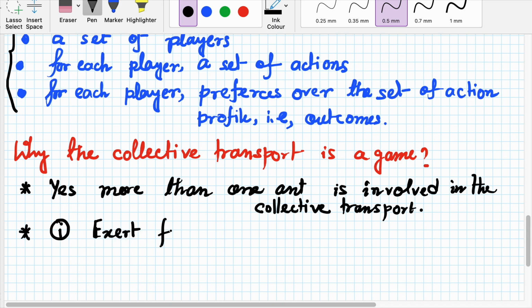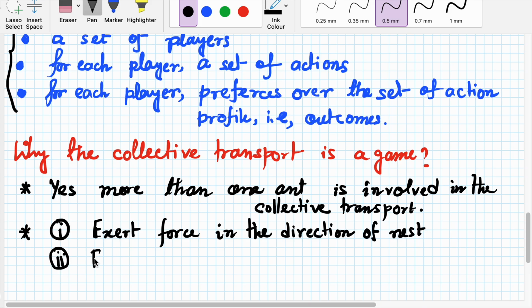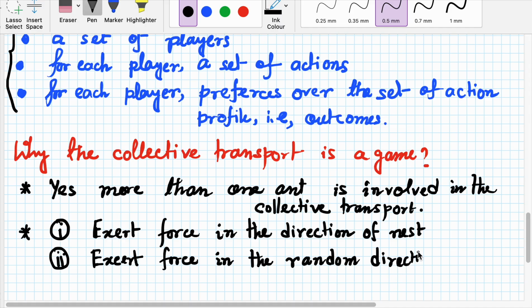exert force in the direction of the nest, and second, exert force in a random direction.